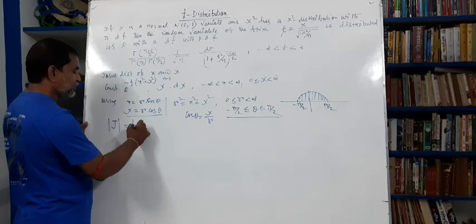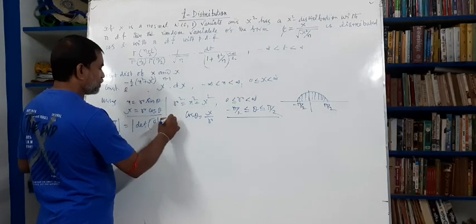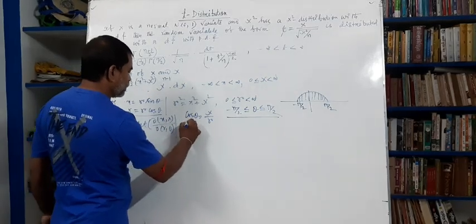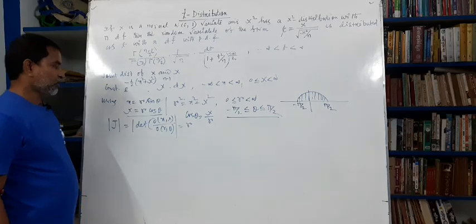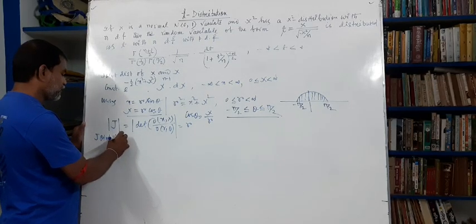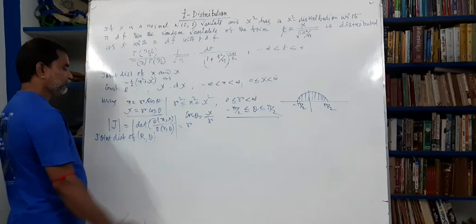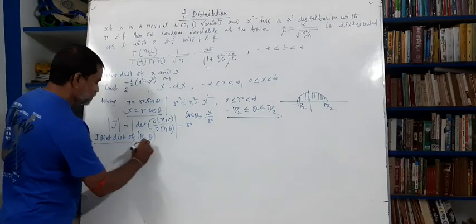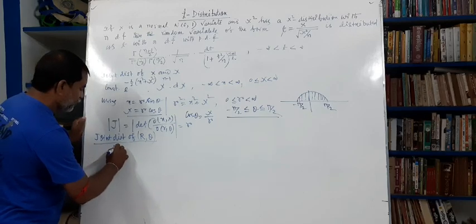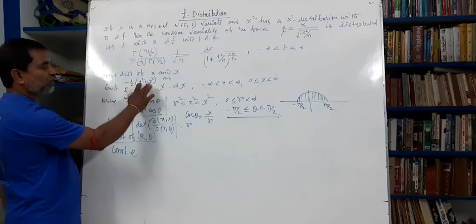modulus of Jacobian, that is determinant of del of (x, chi) by del of (r, theta), and we previously proved already that it is equal to r. Then the joint distribution of r and theta can be written as, from this, some constant into e to the power minus (x square plus chi square) by 2.